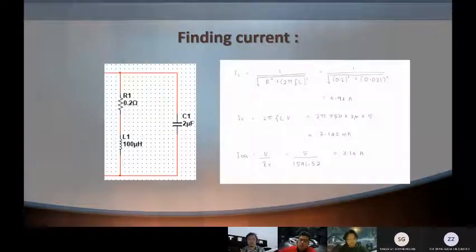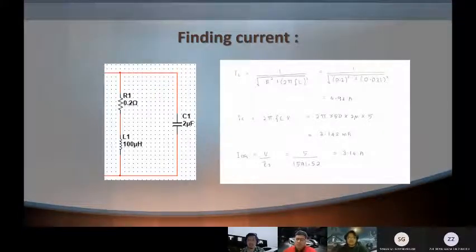So this is finding the current. IL equals 1 over square root of R square plus bracket 2 pi FL close bracket square.